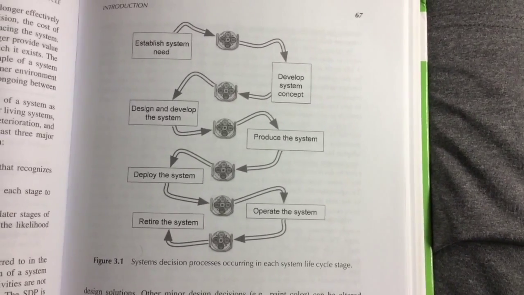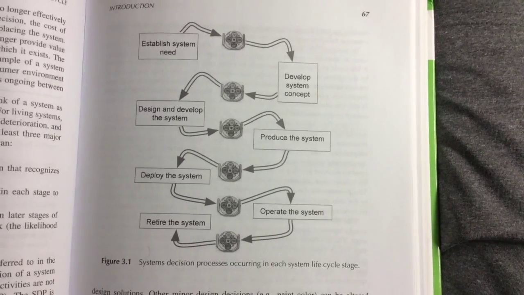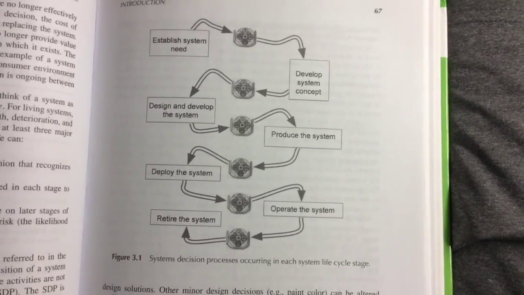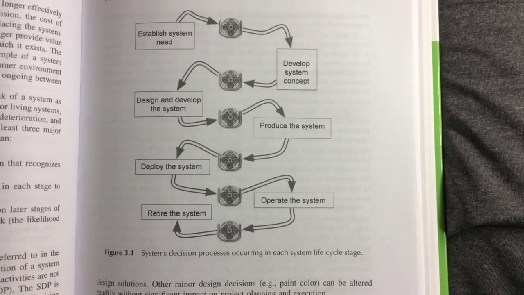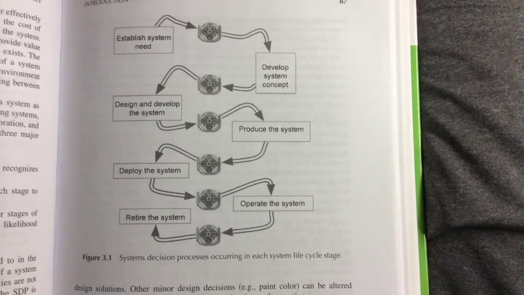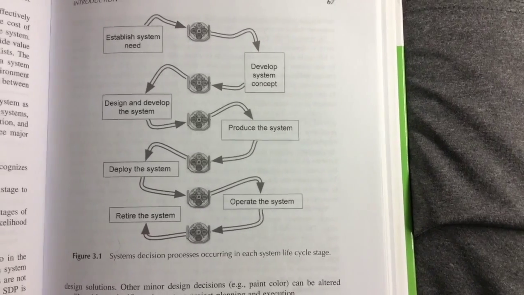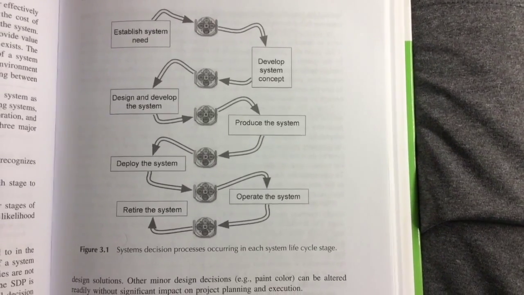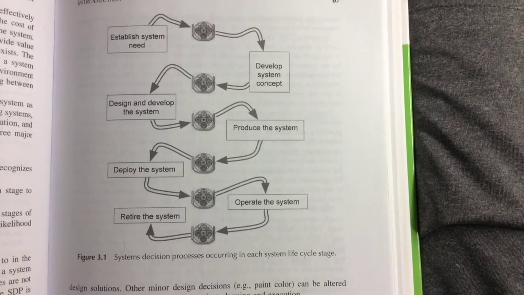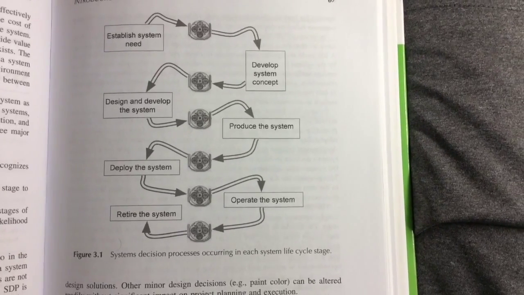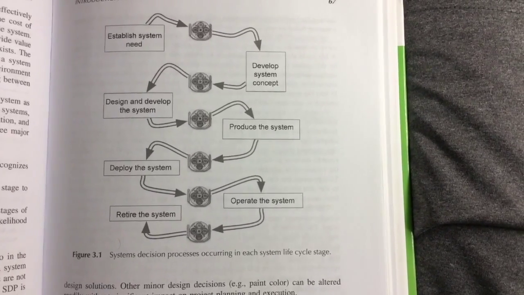He then made the system. He deployed the system, as we say, he used the system, and then he operated the system, and I would say that the old way of doing the assembly line was retired, but the main concepts still are here, and we just started back at the beginning at establishing a system need and just made it more efficient.